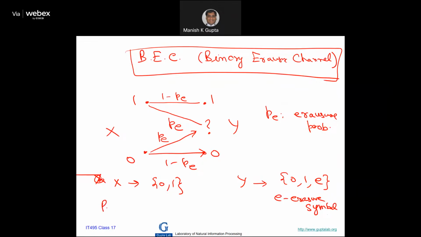So I can compute the probability that Y is equal to 0 and X equal to 0. What is this probability? 0 is transmitted and 0 is received. The probability is 1 minus PE. From the channel itself, you can observe that. Fine.